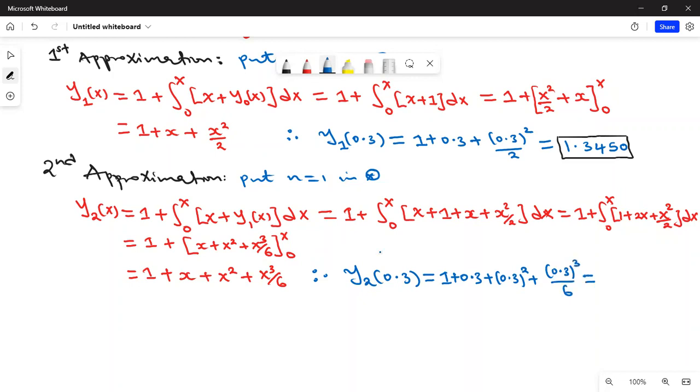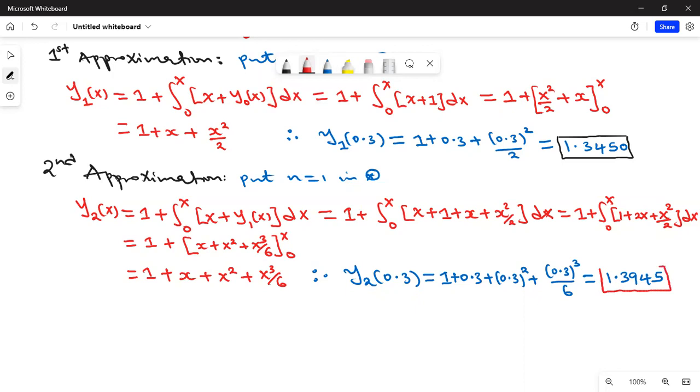Press in a calculator. You need to get 1.3945. So that is the second approximation.